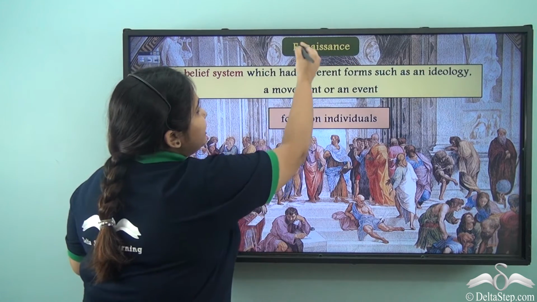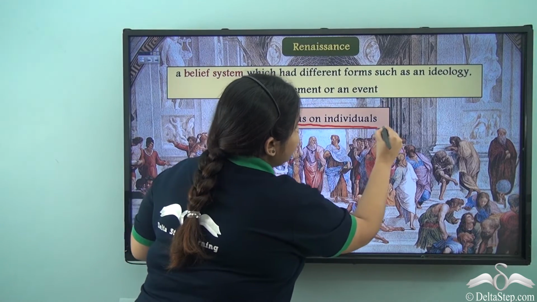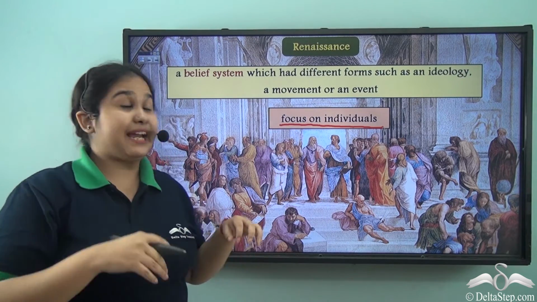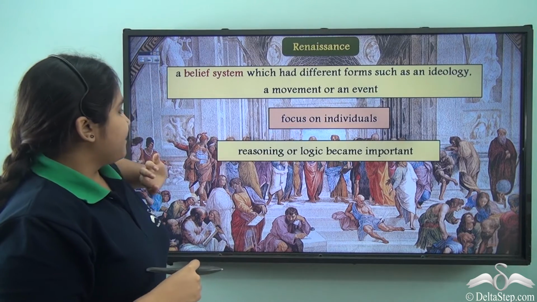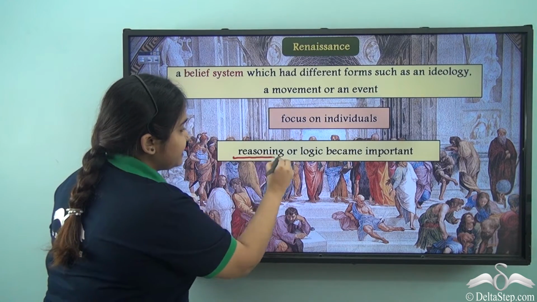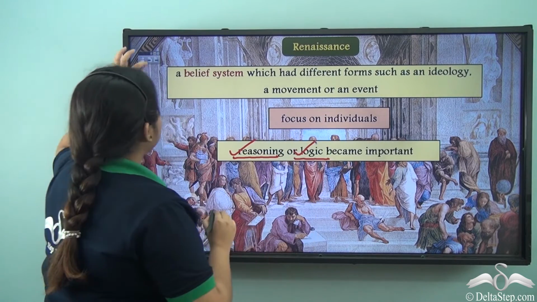Ideally, therefore, the essence of Renaissance lay on the fact that individuals now were the core factor in the society. And this core factor was driven by reasoning and logic. So, rationalism.